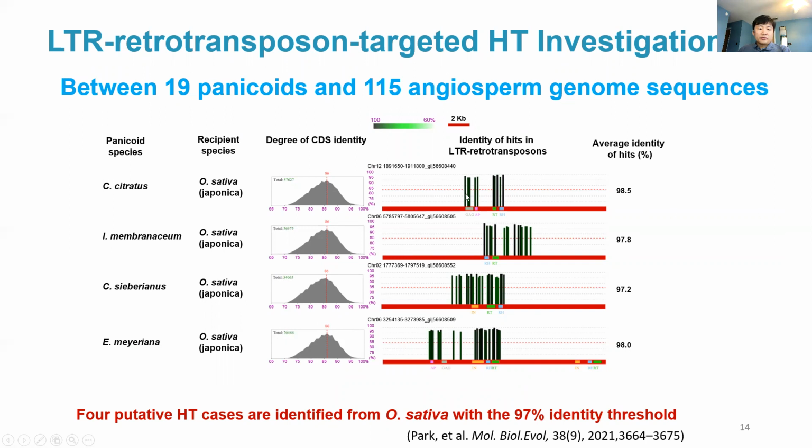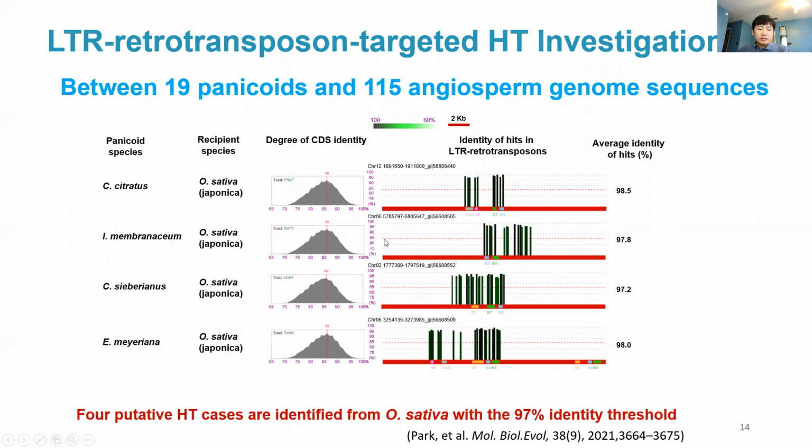This graph shows the mapped sample sequences to the target genome contigs. The horizontal red bar indicates the target genome contigs, and the vertical bars indicate the mapped sample sequence reads, and their height is proportional to the identity.